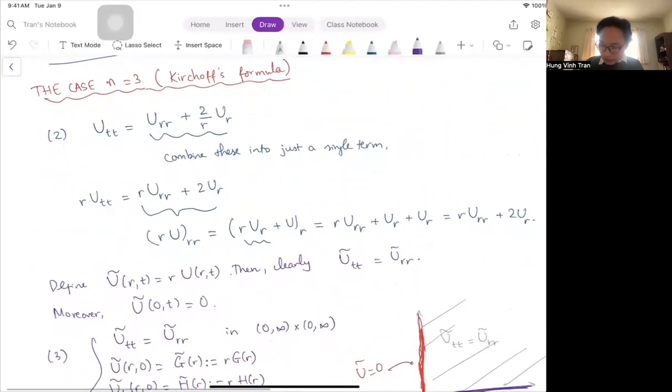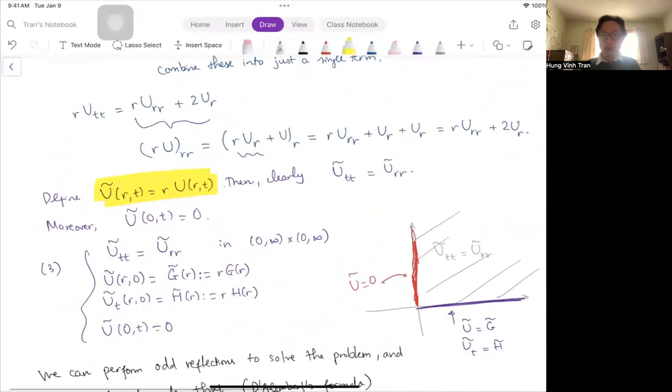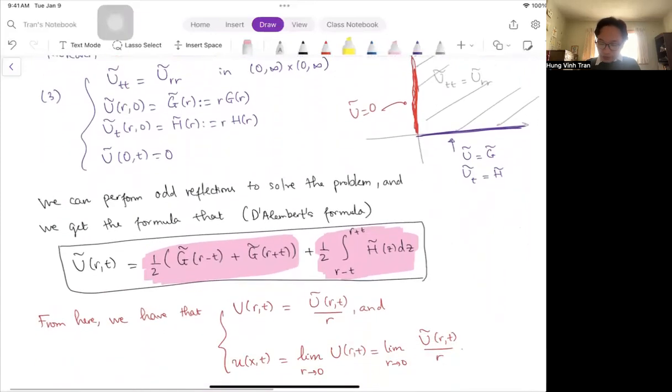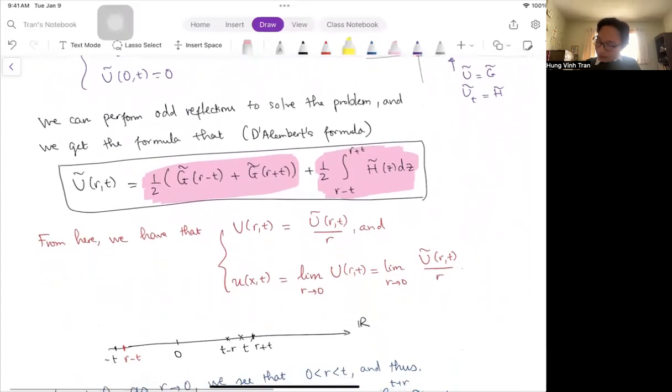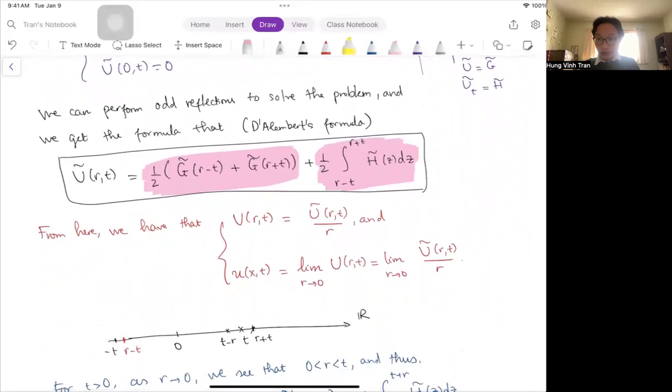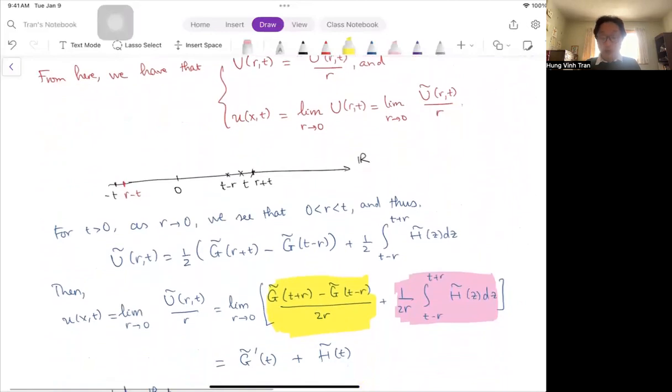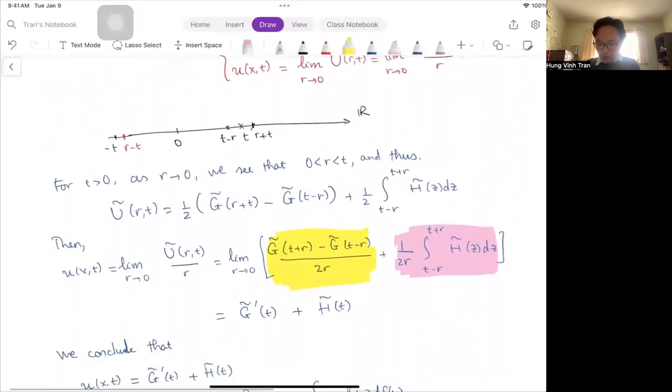In this case, we let u tilde equal r times u. After this change of variable, we get back exactly to the original wave equation in the first quadrant, and we use the odd reflection to solve it. After doing the odd reflection, we then let r go to 0 to get back to the formula for u(x,t). Okay, that's the approach.